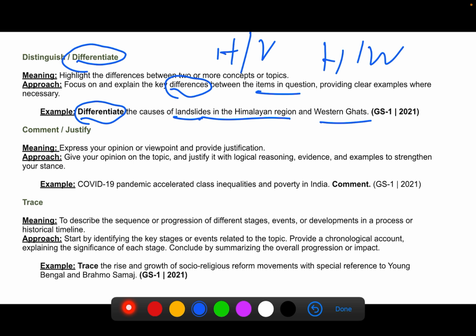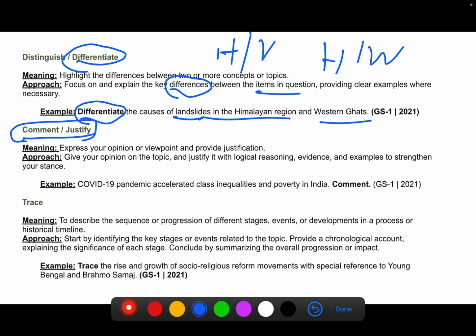Next comes one of the most repeated or most asked directives: comment or justify. Comment or justify essentially means that apart from giving an understanding of the question, we need to give our viewpoint.